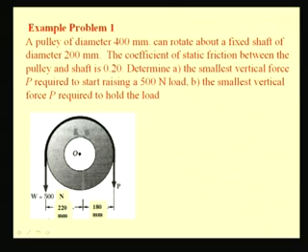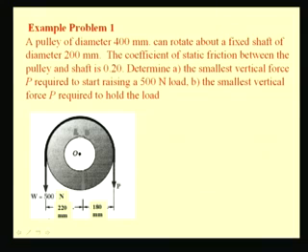Let us take one example problem and see how we solve the problem of these journal bearings. Here you see a pulley supported on a shaft at O. The diameter of the pulley is given as 400 mm and it can rotate about the fixed axis shaft of diameter 200 mm.